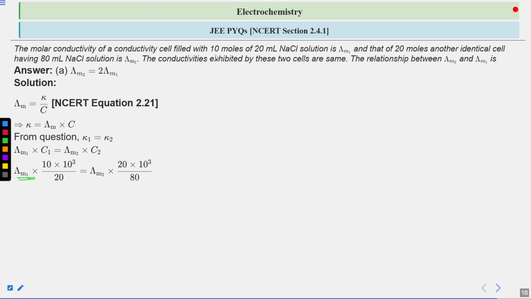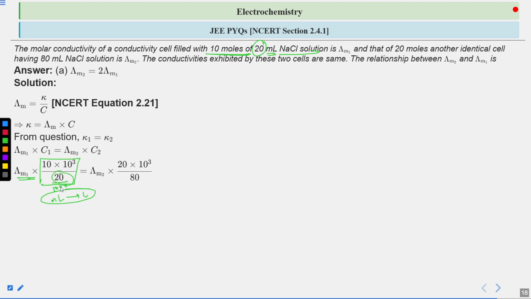The number of moles is provided as 10 moles of NaCl solution, so we get 10 divided by the volume. Volume is 20 but in milliliters, so for the conversion of milliliter to liters, we divide 20 by 1000, and this 10 to the power 3 goes in the numerator. So we write 10 multiplied by 10 to the power 3 divided by 20. This 10 to the power 3 came from the unit conversion of milliliter to liters of the volume.